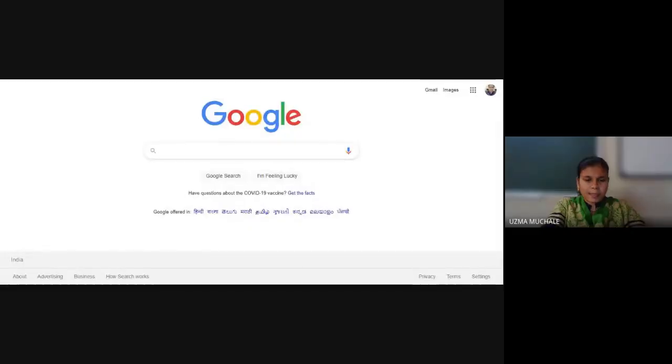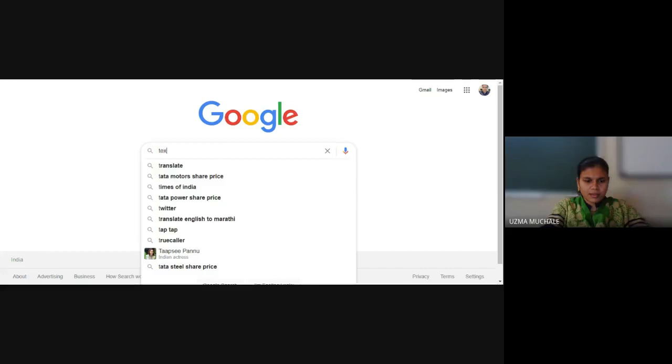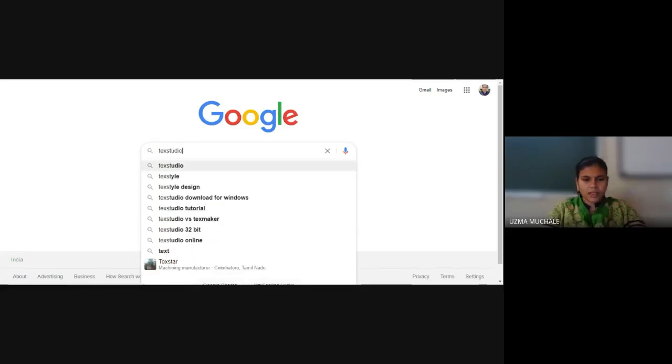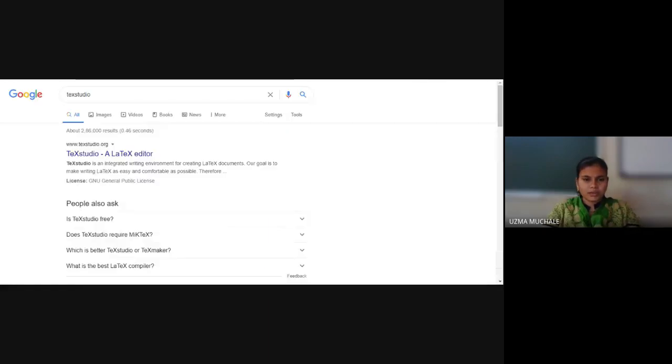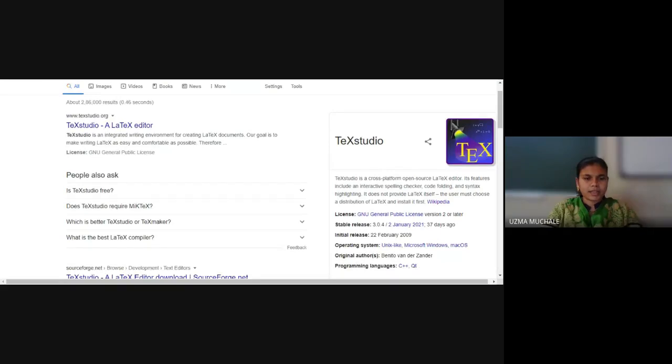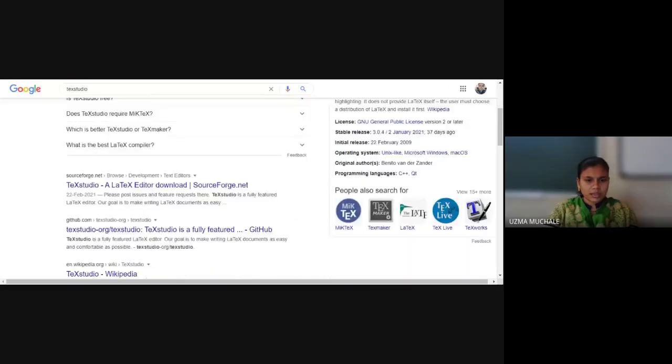So you can search for TeXstudio. Here you can find TeXstudio, and it is nothing but a LaTeX editor. Why is it called a LaTeX editor? Here we are going to have a programming language, just like our programming languages.